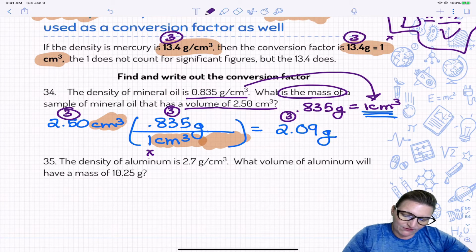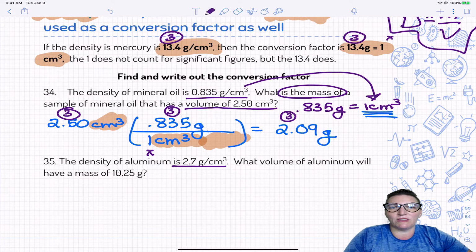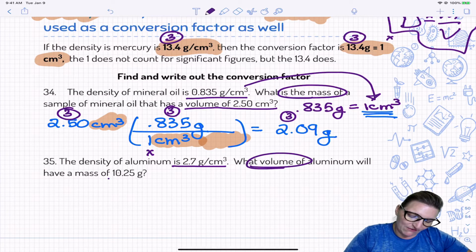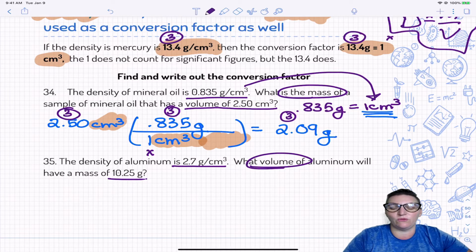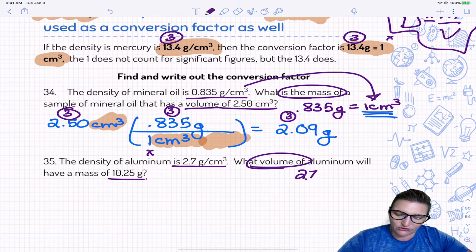The density of aluminum is 2.7 grams per centimeter cubed. That's a clue. What volume, that's what I need to find, of aluminum will have a mass of 10.25 grams. So I first take my conversion factor, 2.7 grams equals 1 centimeter cubed.